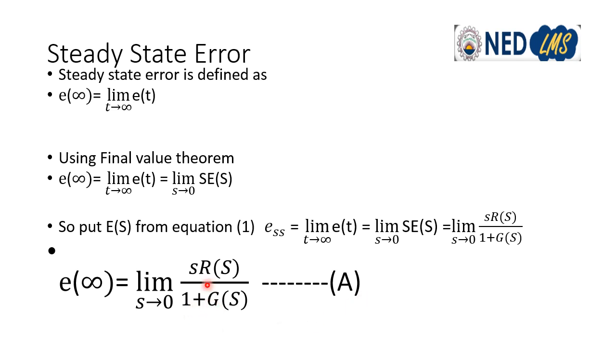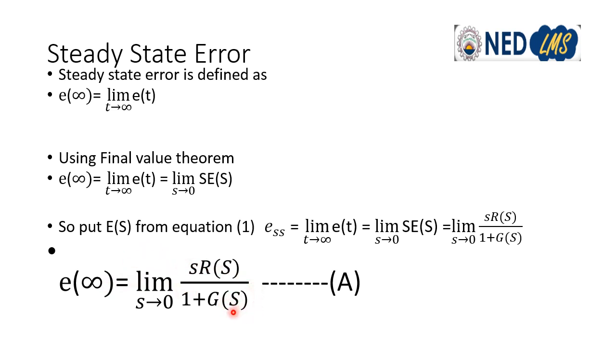In this equation, R(S) is the reference signal input and G(S) is the forward path transfer function. We will put different values of the reference input R(S), such as the unit step function, ramp function or parabolic function, and see what the steady state error is for different types of inputs.